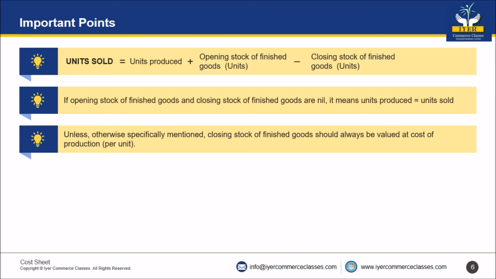Number 3, unless otherwise specifically mentioned, closing stock of finished goods should always be valued at cost of production per unit. In many questions, they will give you closing stock of finished goods in units, but they will not give you the value. In such cases, closing stock of finished goods should always be valued at cost of production per unit.